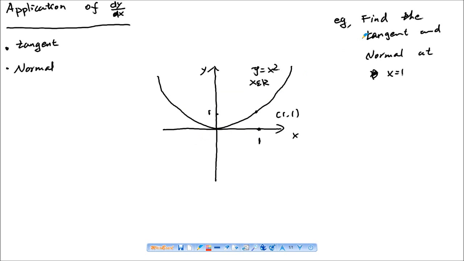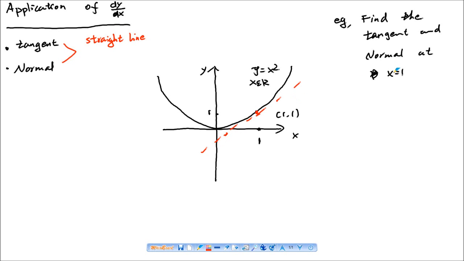Tangent and normal, they are straight lines. A tangent is a straight line that has the same gradient as the point on this graph.